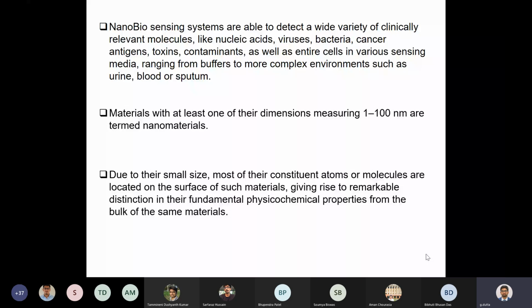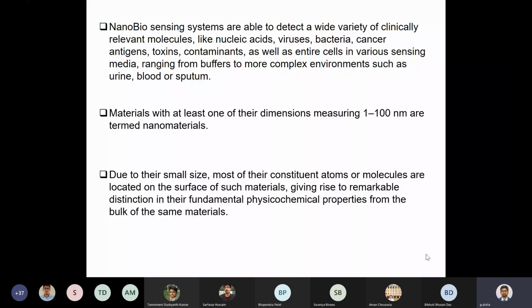Say you are going to measure some cancer biomarker, but your sample does not contain any cancer, and still you get some value in the form of current or charge from your device. That is the background, or you can say noise.